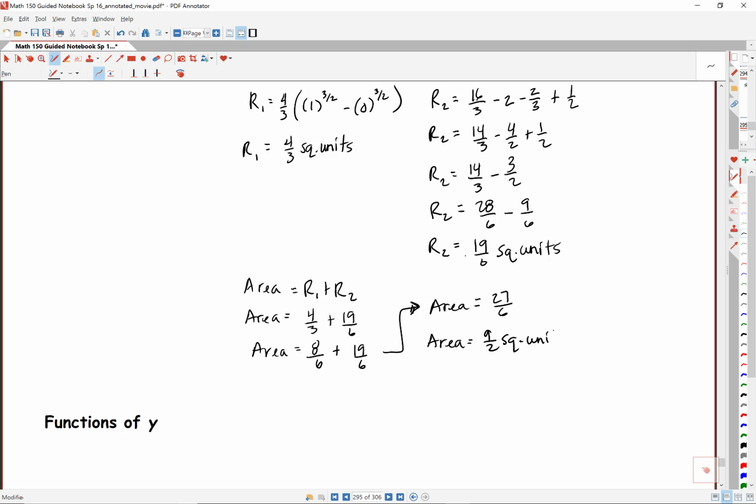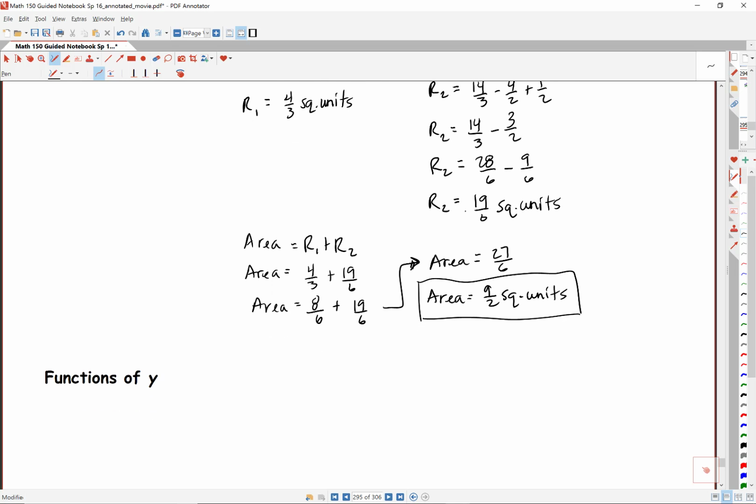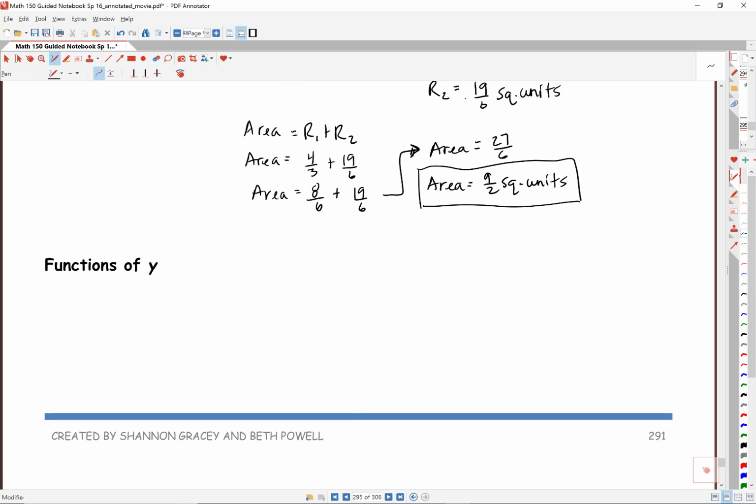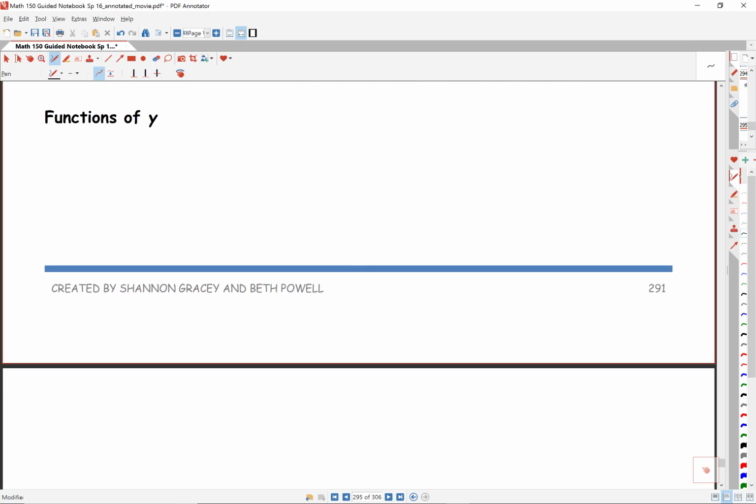Now that one was a bit tricky, wasn't it? I mean, we had to kind of think about all these things, and there is an easier way. If you think about making this into a function of y, right? Instead of thinking of topmost minus bottommost, we think about rightmost minus leftmost.